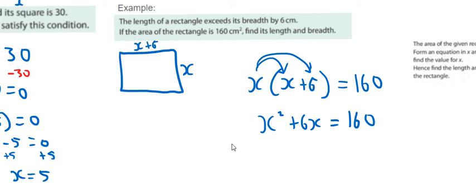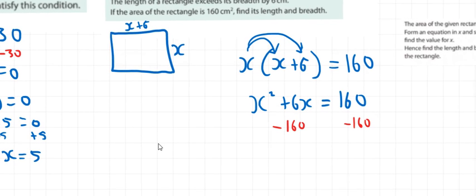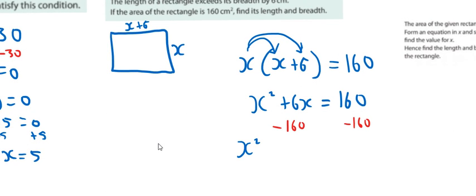Then I need everything equal to 0, so I need to move everything over to the left hand side so I can subtract 160. So I get x squared plus 6x minus 160 equals 0.